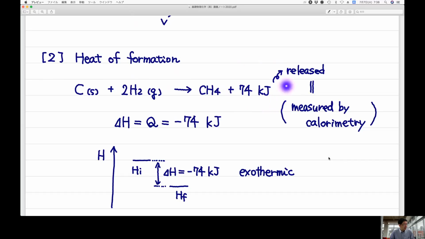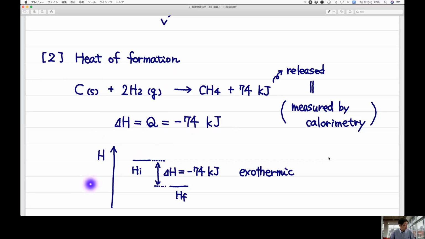This heat can easily be measured by calorimetry. So in this case, the delta H of this reaction equals Q, that means minus 74 kilojoules. Why do we need to use minus here?